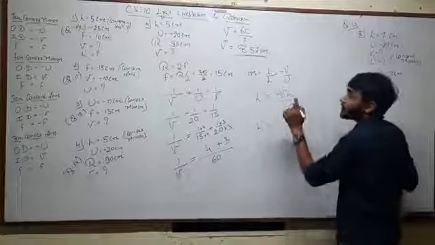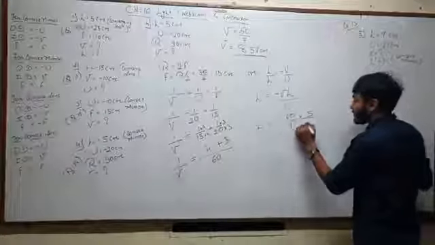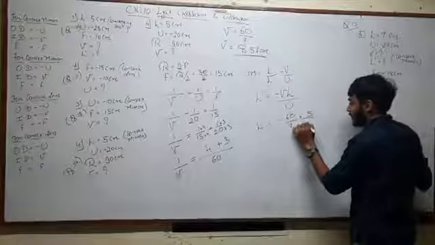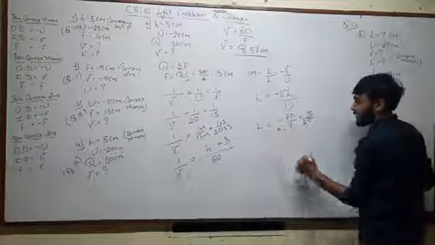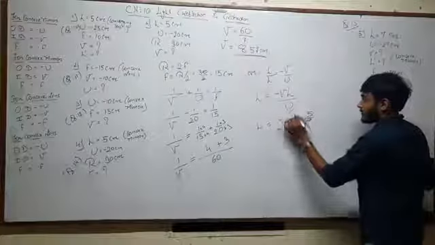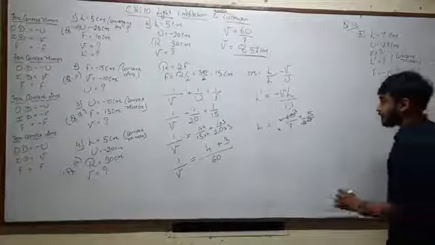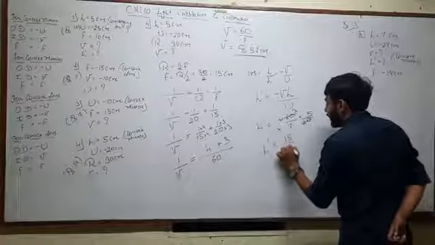What is h? That is 5. What is u? That is minus 20. Okay, so minus minus gets cut. 20 and 60 will be cut with 3. And so h prime will be 5 threes are 15 divided by 7.